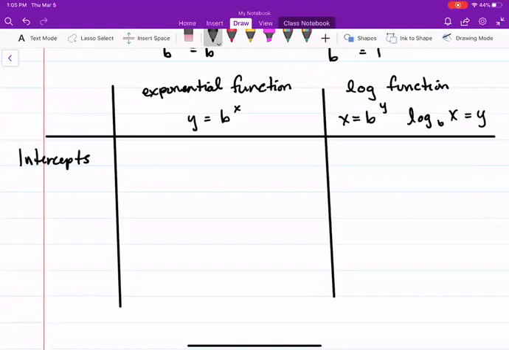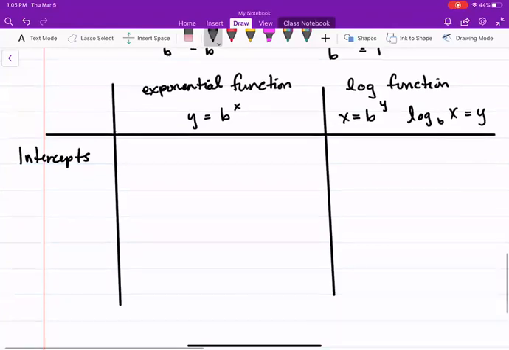It was a y-intercept. Where did it cross on the y-axis? It crossed at 0, 1. Where would it cross in the log function?